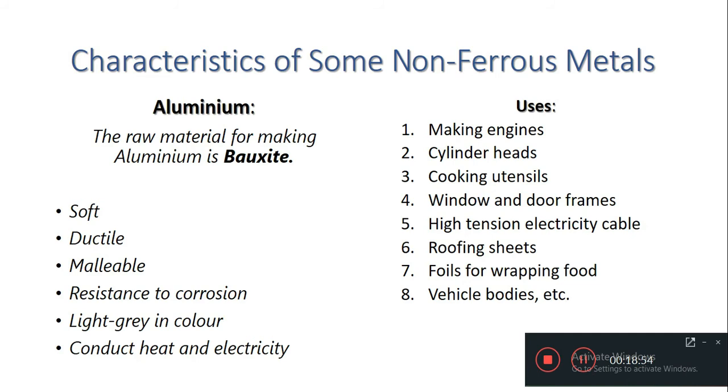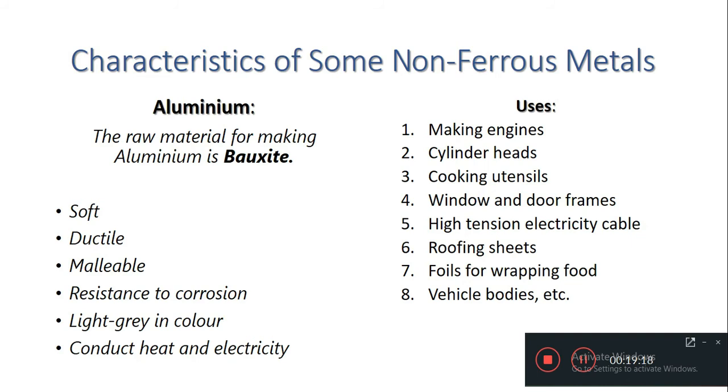As mentioned earlier, it is also used in making roofing sheets. Aluminium foils for wrapping foods. There are times we buy candy, we see this thin metallic wrapper around the candy or a biscuit. Even at the restaurant, some use it in covering their foods before putting them in the oven.